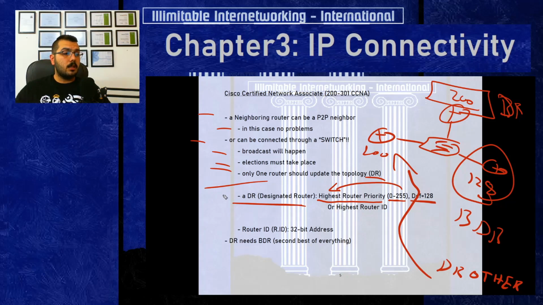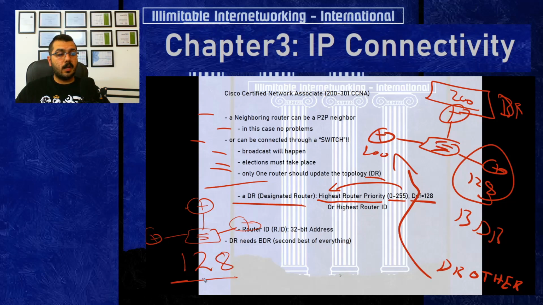Okay, so this is how to elect the DR, but just in case I have 3 new routers taken out of the box, all of them would be at the default value of the router priority, and I haven't configured them. So how will we solve this? There is a tiebreaker called the highest router ID.